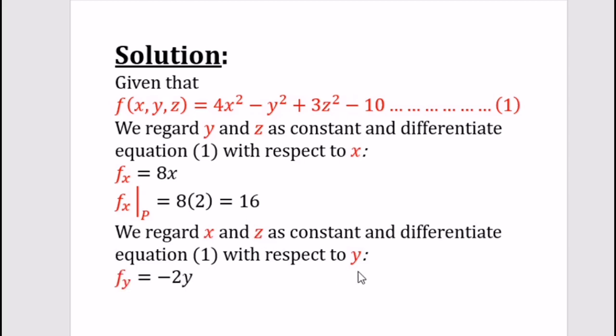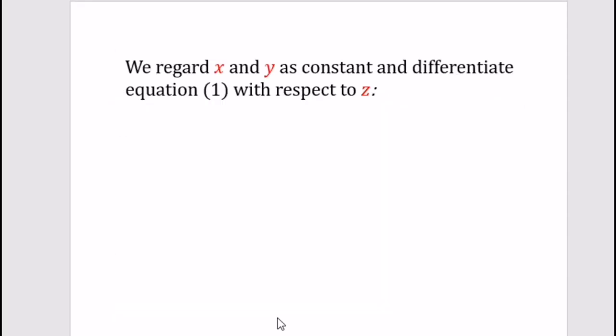So we have fy is equal to minus 2y. Now fy at P is equal to minus 2 times minus 3, which is equal to 6. The next step, we regard x and y as constant and differentiate equation 1 with respect to z. So we have fz is equal to 6z. Now fz at P is equal to 6 times 1, which is equal to 6.